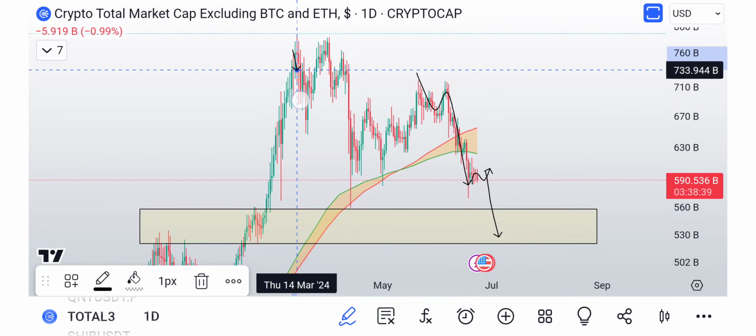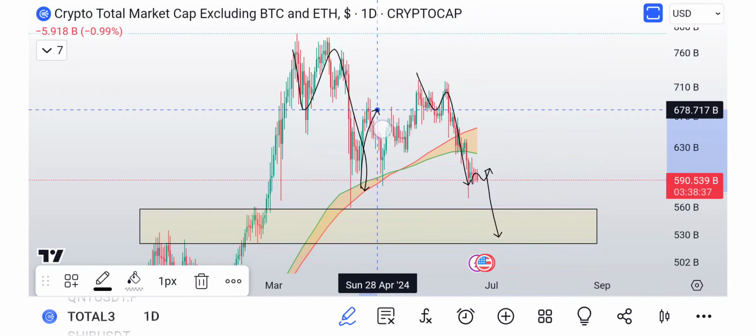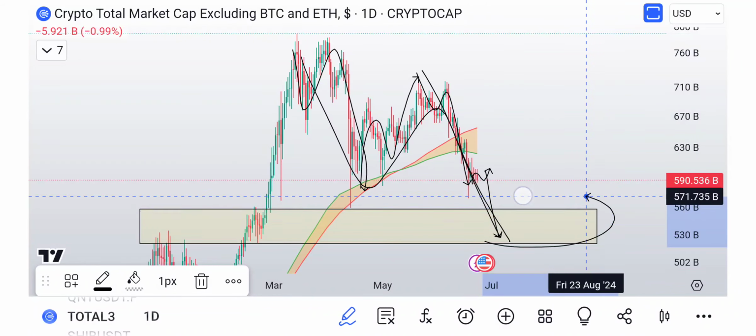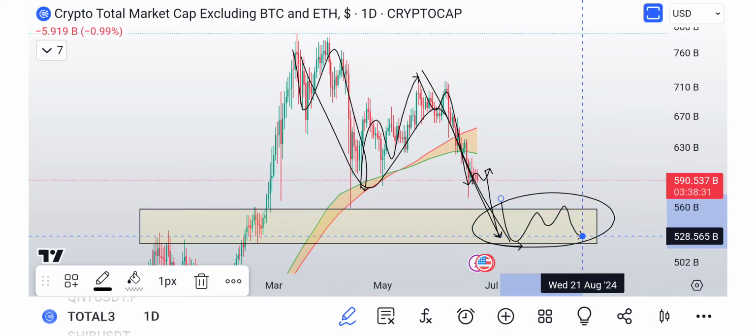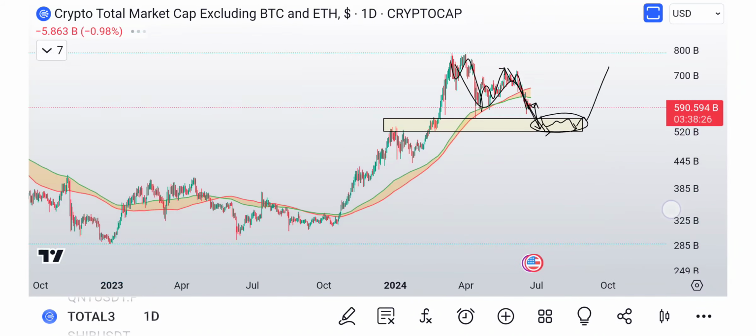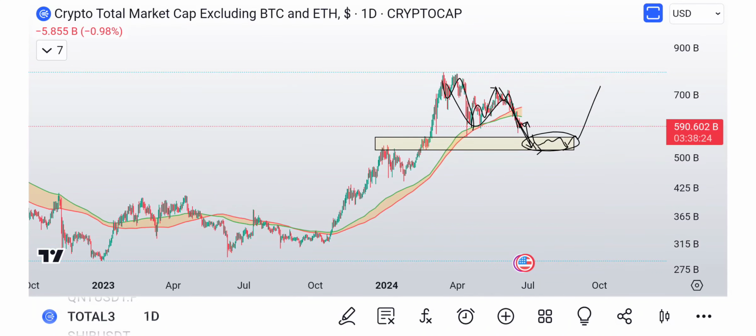So then it becomes 3, 3, 5. So A, B, C. Then we get down in here, play around a little bit, and then hopefully get the hell out of there after that beautiful ABC correction.